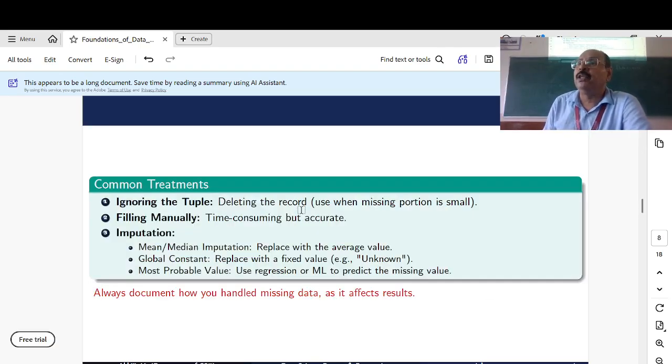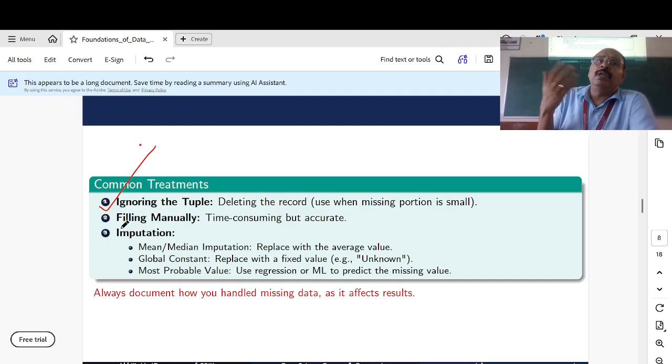So how do we handle these kinds of problems? Ignoring the tuple, deleting the record, is one way of handling missing data. First thing is that you remove the data, that's enough, since the data is missing actually. Another way of doing it is going through all the data, finding out what is missing and manually entering the most suitable data.